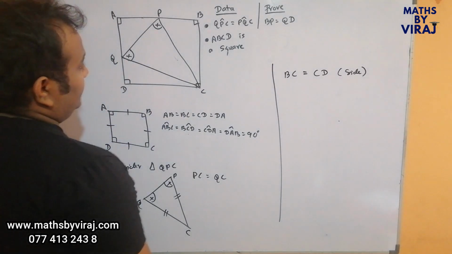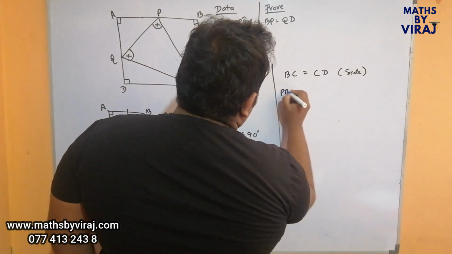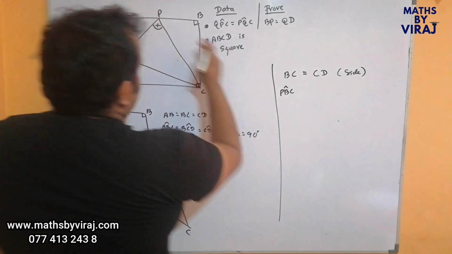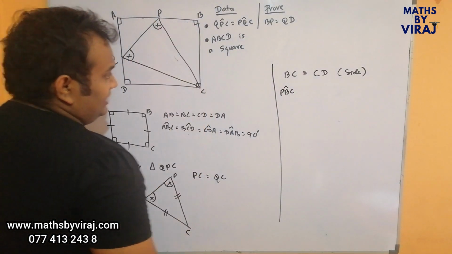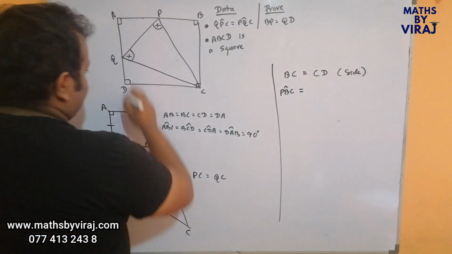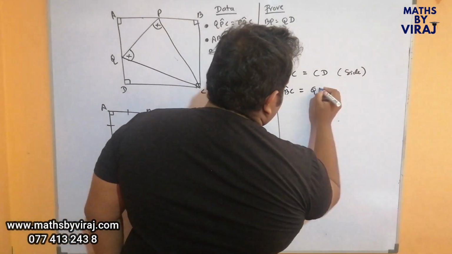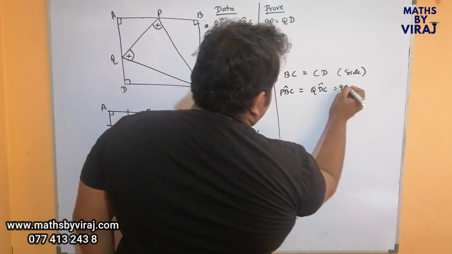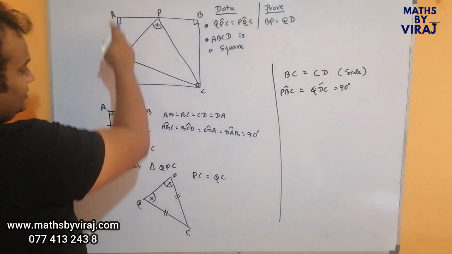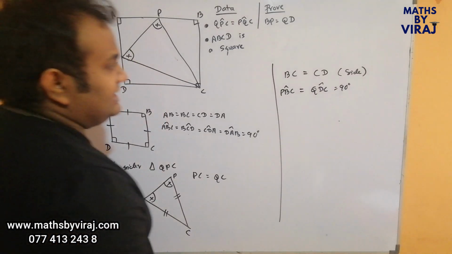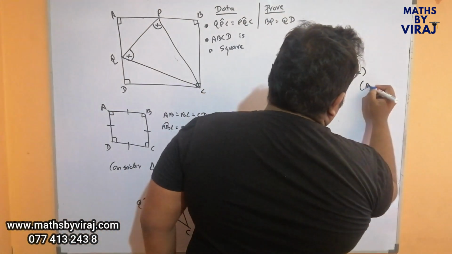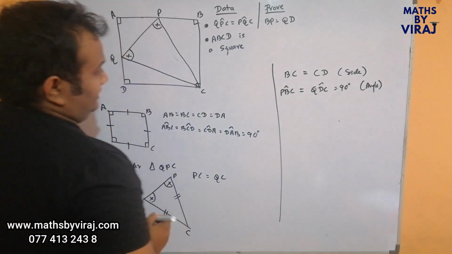Also, we can say that angle PBC, or the angle ABC, this angle B, is equal to angle QDC, which is 90 degrees. Angle QDC or ADC, this angle D, they are equal, which is 90 degrees. So this is an angle. Right.